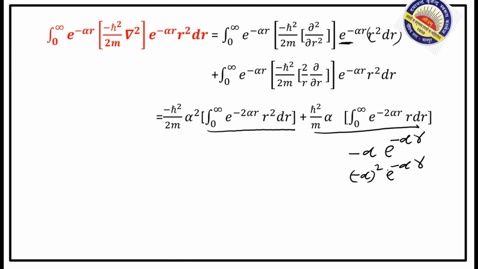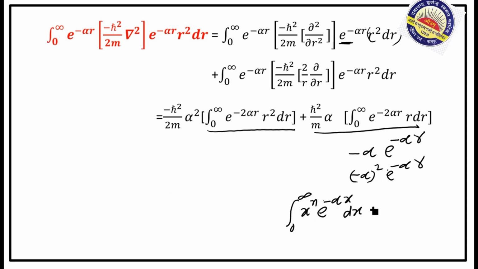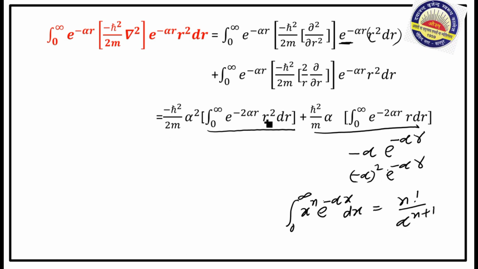Now again apply the formula: integral from 0 to infinity of x to the power n e to the power minus alpha x dx is equal to n factorial upon alpha to the power n plus 1. In this term, r to the power 2 means n equals 2 and alpha is equal to 2 alpha. In the second term, r to the power 1, n is equal to 1 and alpha is equal to 2 alpha.